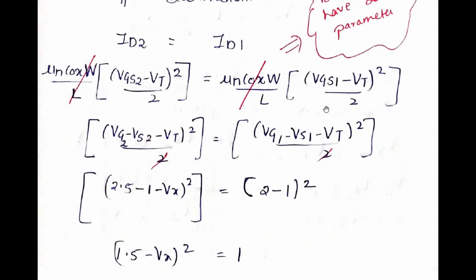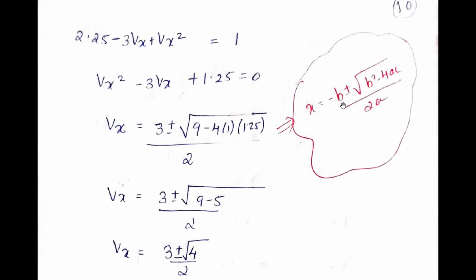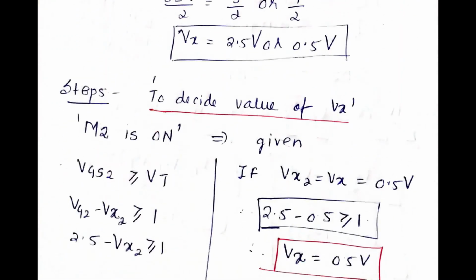So just write these equations over here and we'll get the final answer for Vx. The Vx value has to be chosen in such a way that my MOSFET remains in the on condition. Therefore, for a Vx value of 0.5, my MOSFET is in the on condition.